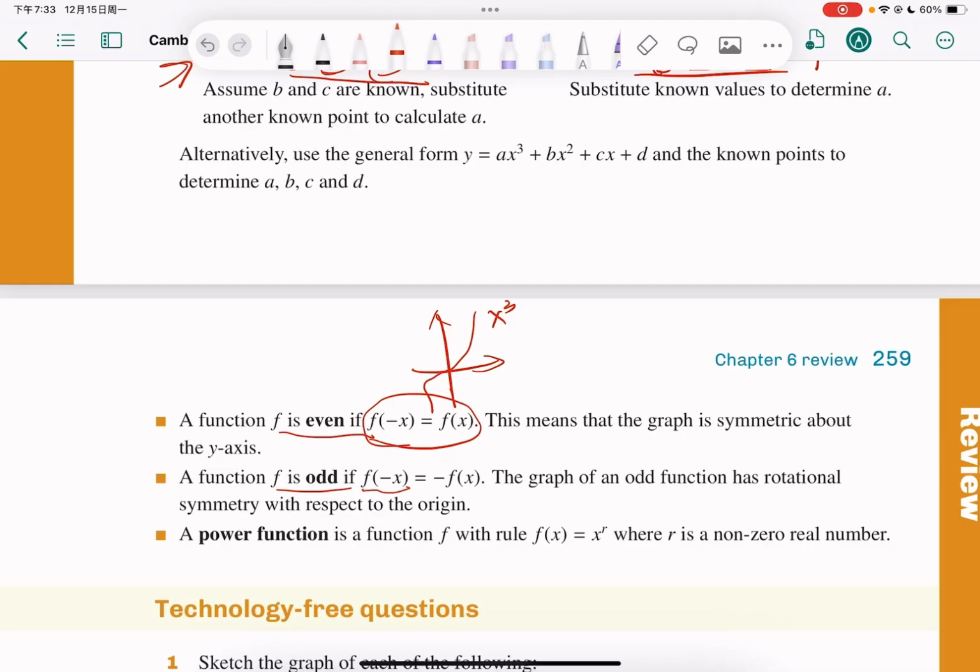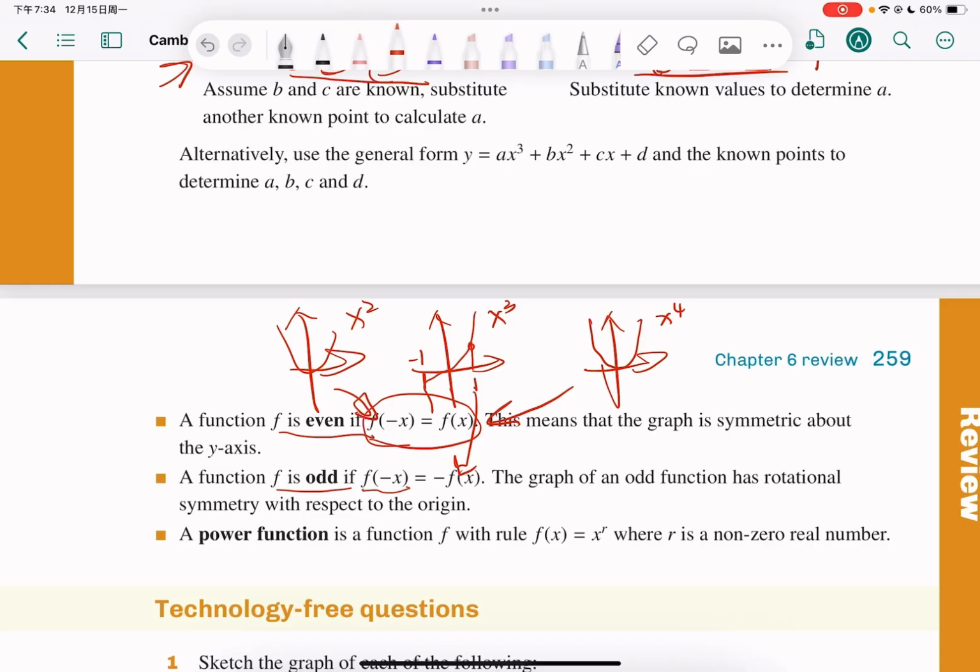Obviously it's an odd function, because f of negative 1, for example, is equal to the negative of f of 1. Then x squared and x to the power of 4 are even functions. This one is an odd function.